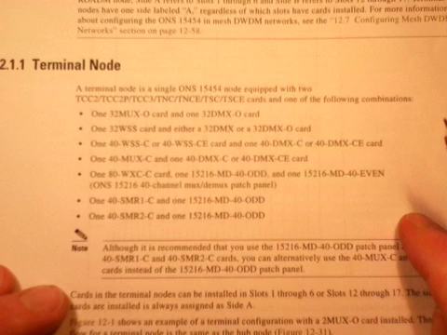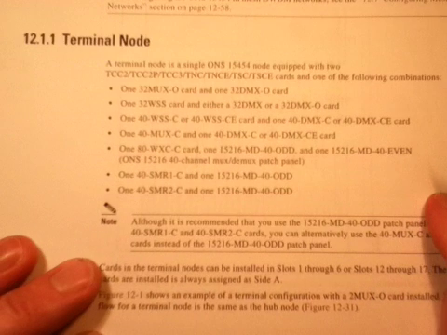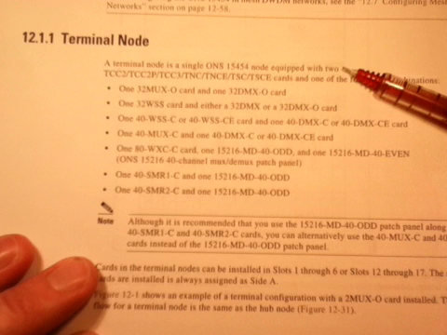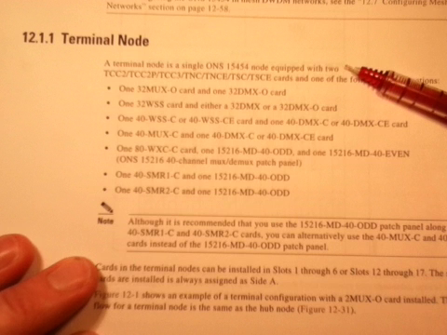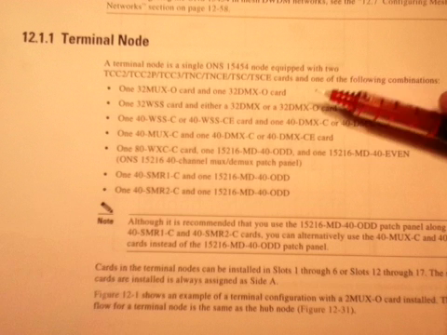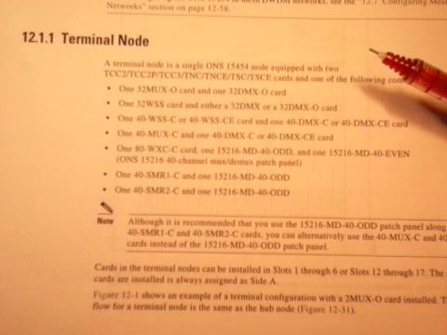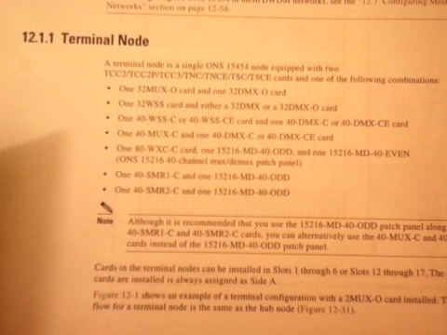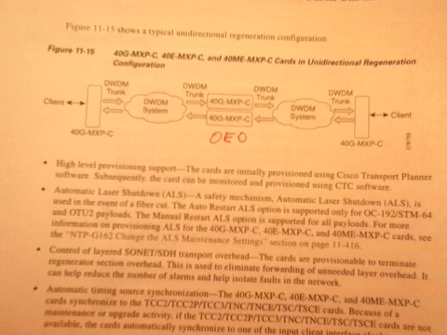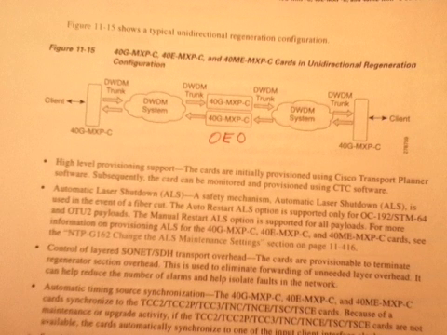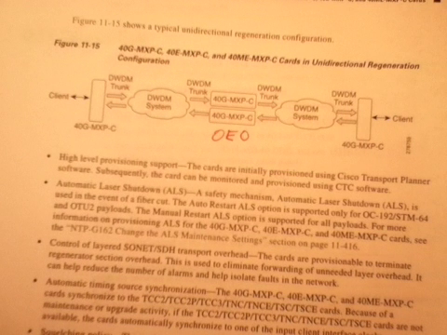I guess the very first one to look at is what's called a terminal node. A terminal node is one that takes a bunch of client-side equipment. We talked about client-side equipment in the last video, with a whole bunch of possible client-side signals like different SONET signals.